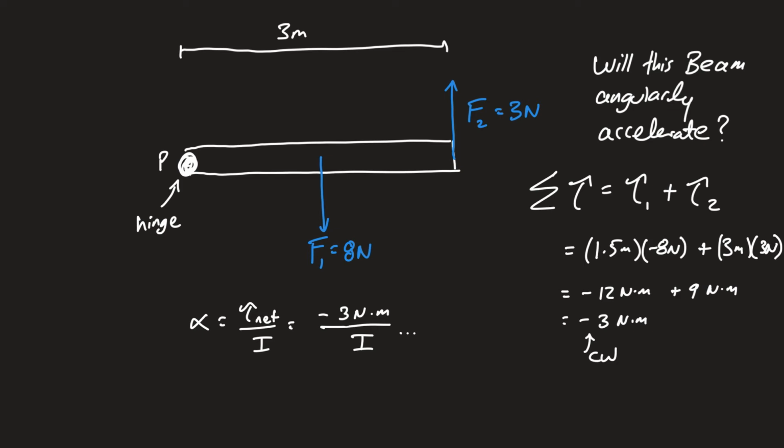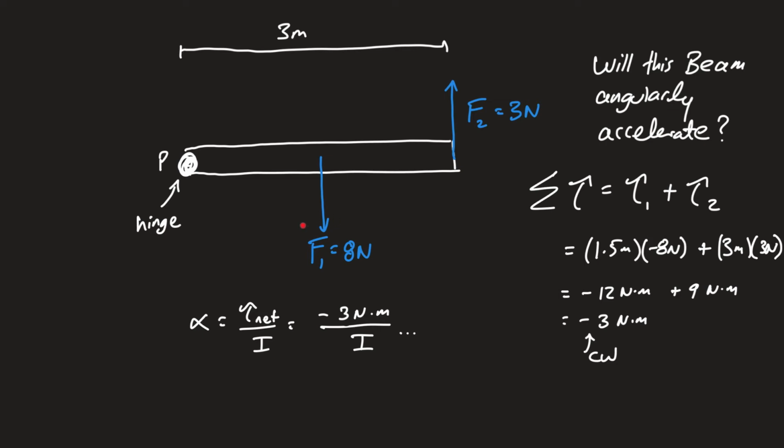But what I want you now to do is make it a static equilibrium situation. And in order to do that, I'd like you to change the value of force 2. So figure out what you'd have to modify the size of force 2 to be such that the beam didn't move at all.